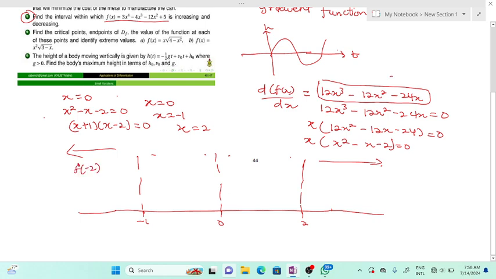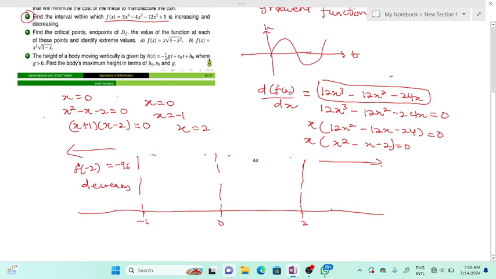Then finally minus 24 multiplying x, which is negative 2. So 24 multiplying 2. This is giving me negative 96. And what is this telling me? This is a decreasing part. So I simply write decreasing.